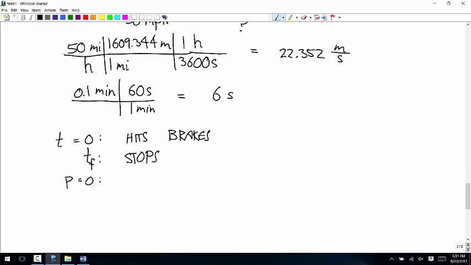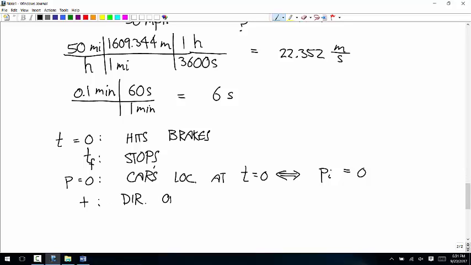Zero position, I'm going to choose the car's location at time equals 0, because that's an equivalent statement to initial position is equal to 0. And then the positive direction is the direction of motion.